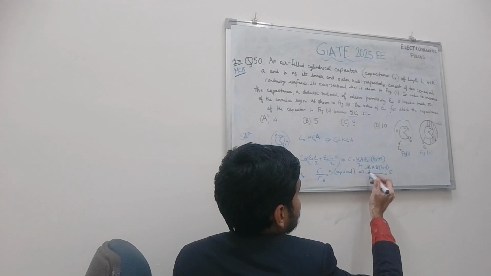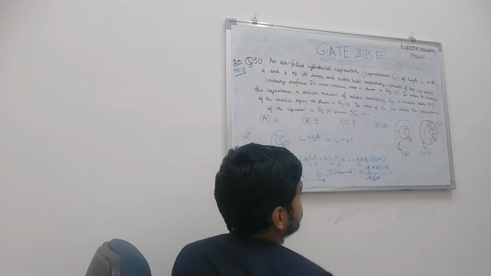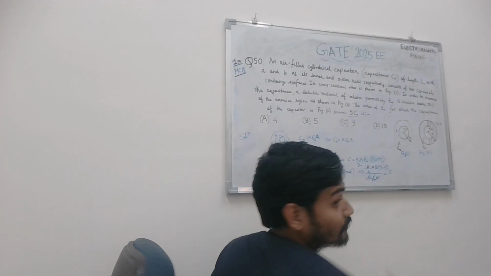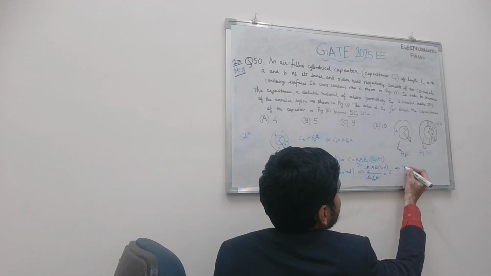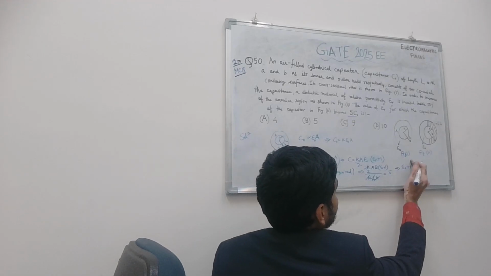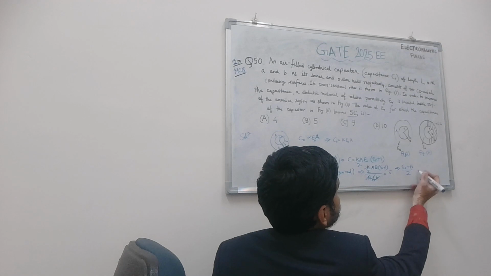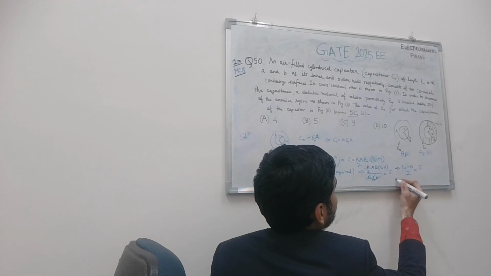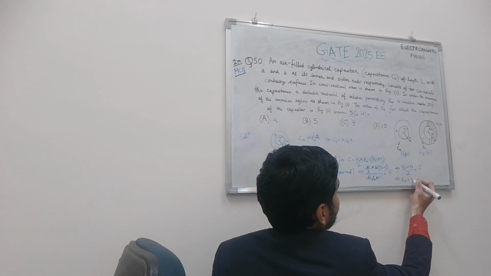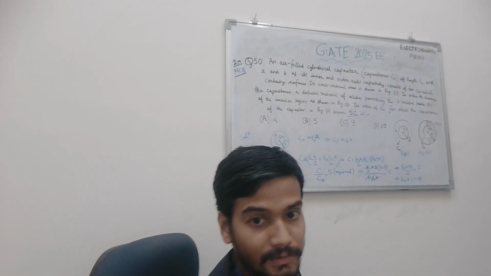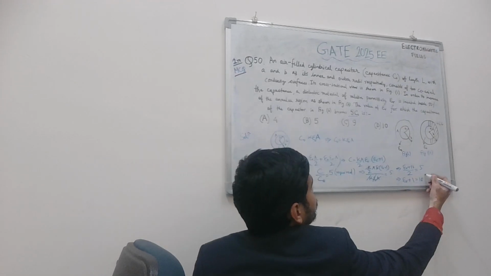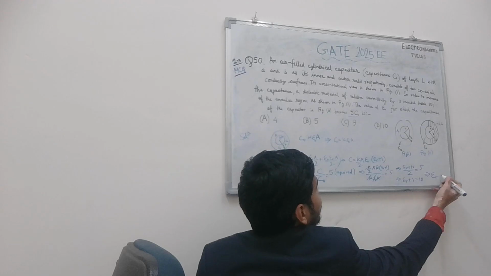Epsilon cancels, K cancels, A cancels. So what are we left with? Epsilon r plus 1 by 2 equal to 5. So epsilon r plus 1 equal to 10. Okay? We are left with epsilon r equal to 9.